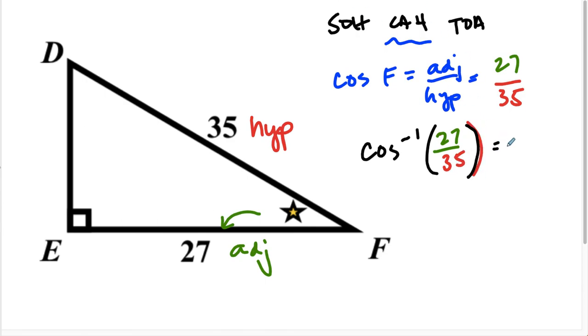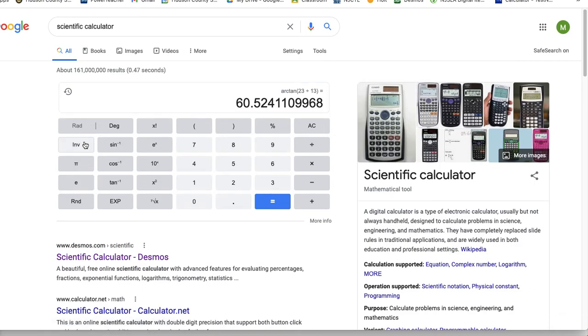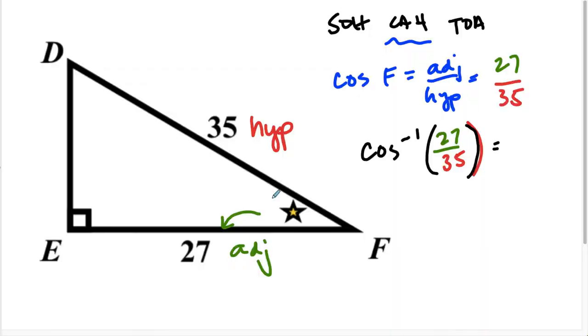So we take the inverse cosine of 27 over 35, and we get 39.52 degrees. So angle F is 39.52 degrees.